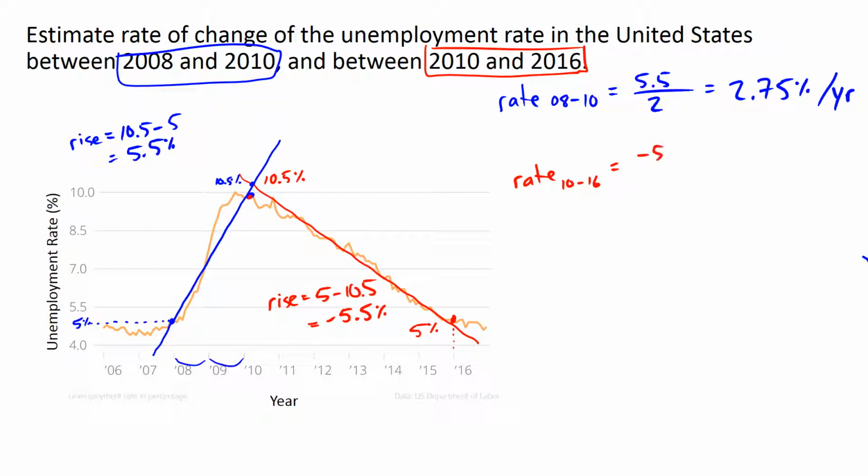So that's negative 5.5 as my rise. And my run this time is quite a bit longer. It's going from 2010 to 2016. That's 6 years. So negative 5.5% divided by 6 years. That's negative 0.92, with a little rounding, percent per year.